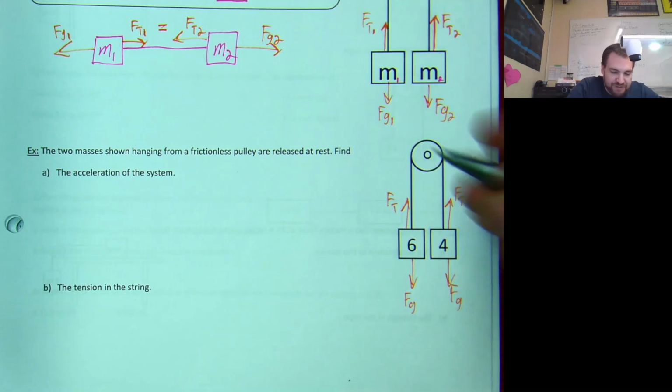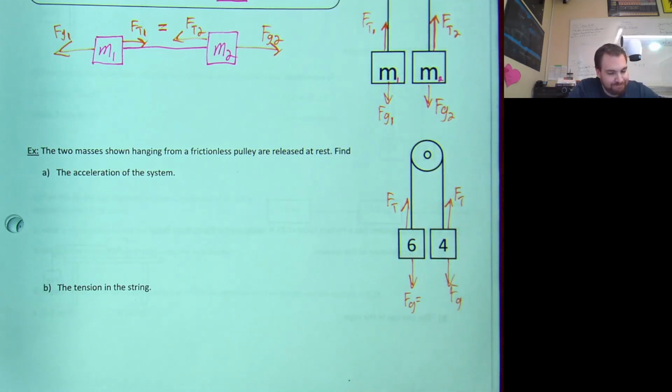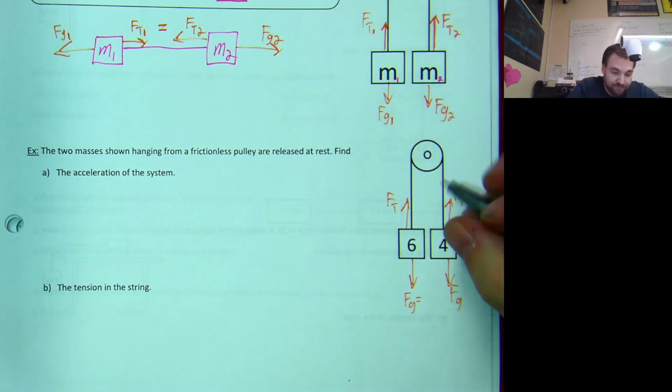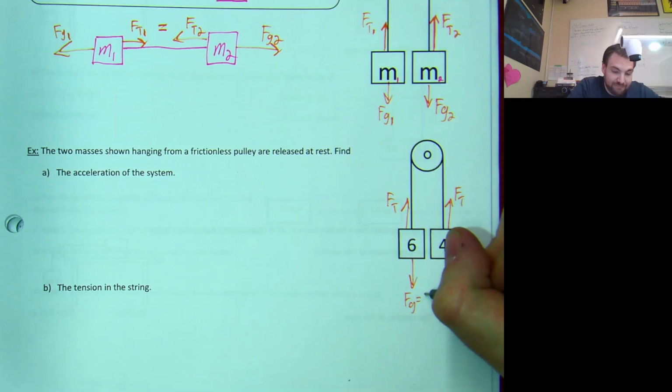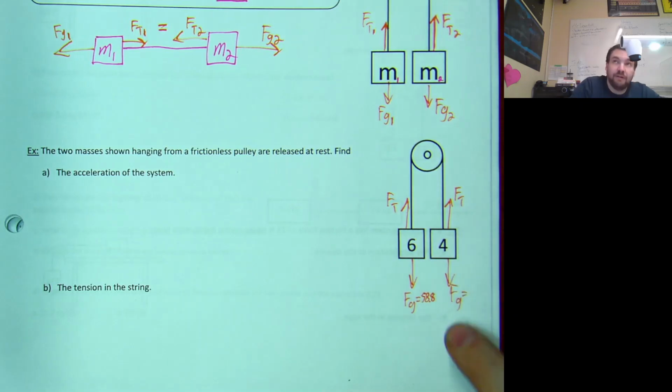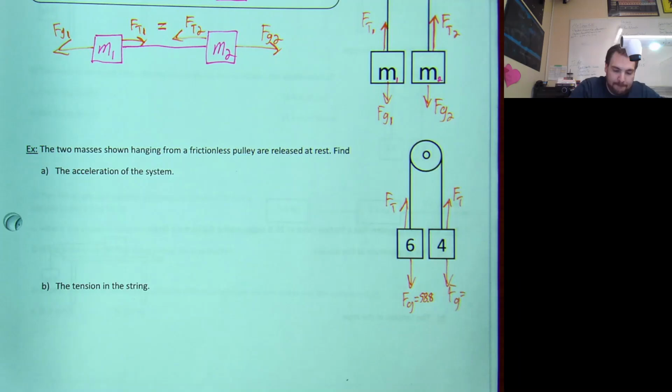What's FG here for the 6 kilogram block? FG is gravity times 6, which is 58.8. Okay, so that's going to be, thank you, Zaid, 58.8 newtons. What's the force of gravity here? Same value from the last question, 39.2.